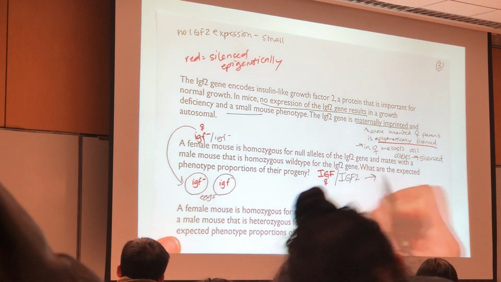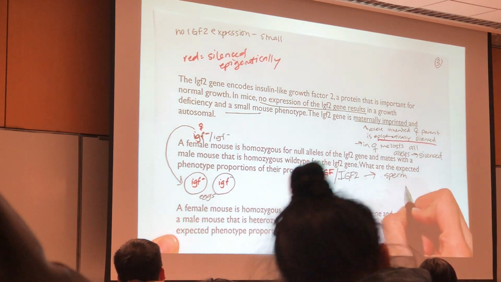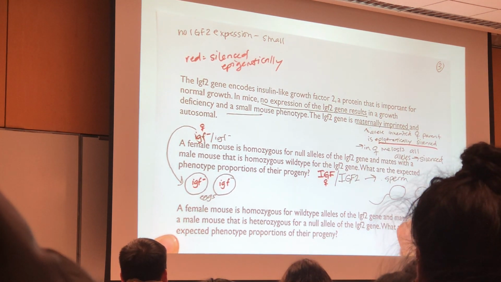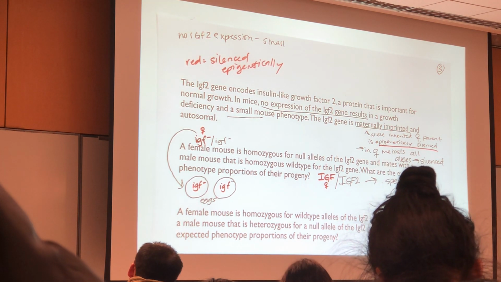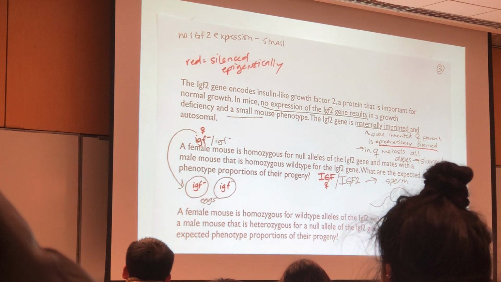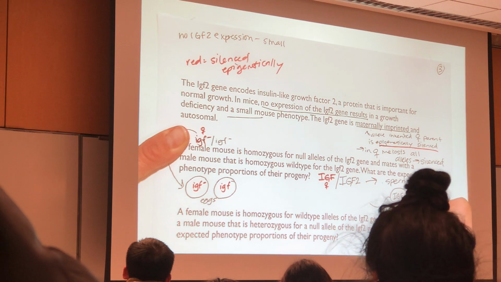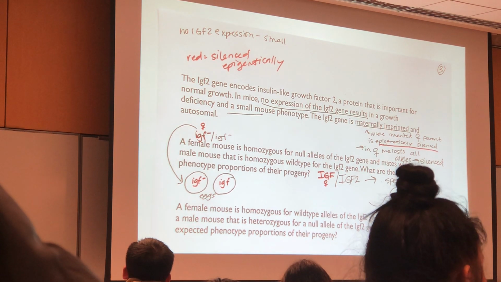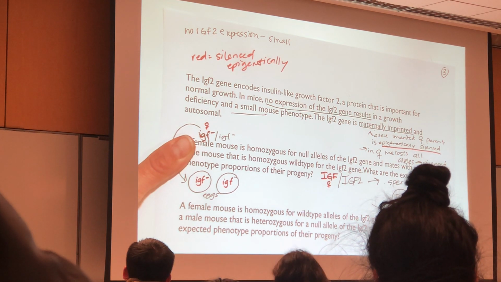What happens to his alleles in meiosis, right? If it's maternally imprinted and he's a male, they're going to be reset to on. IGF2, IGF2. All on.